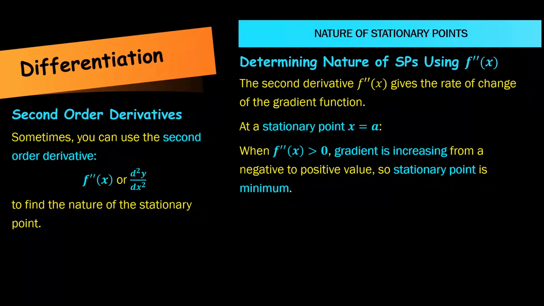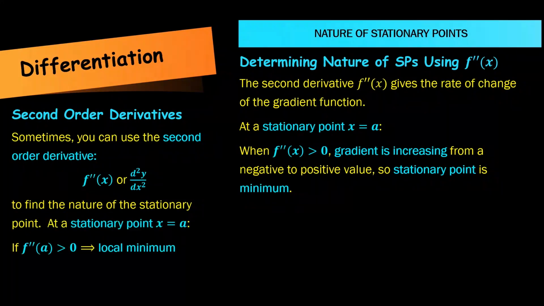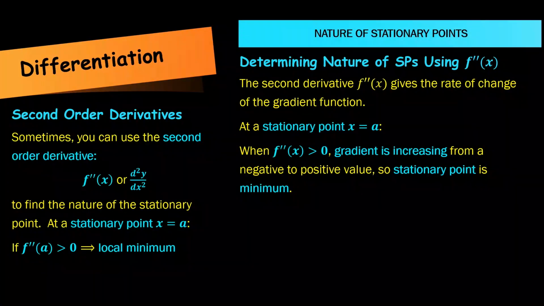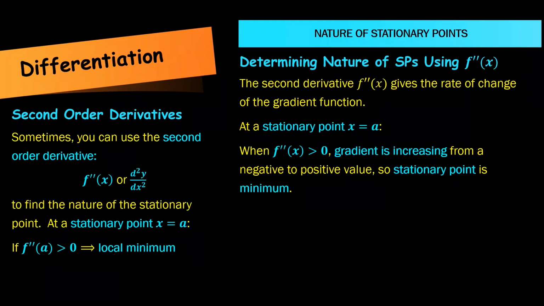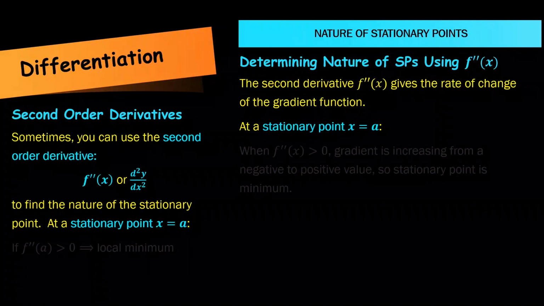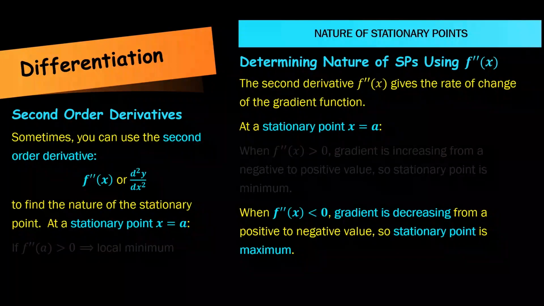So at a stationary point x equals a, if f''(a) is greater than 0, we have a local minimum. Now when f''(x) is less than 0, the gradient is decreasing from a positive to a negative value.